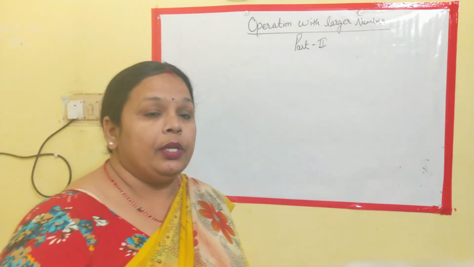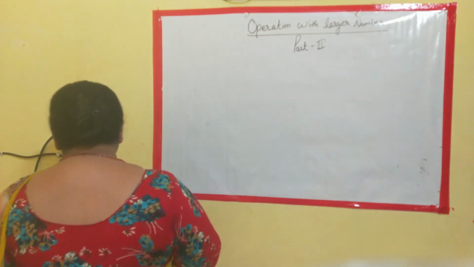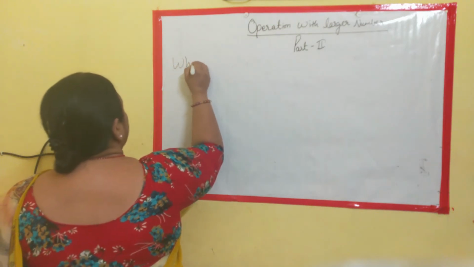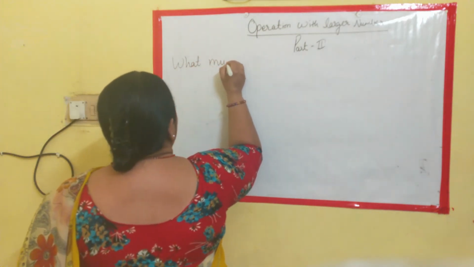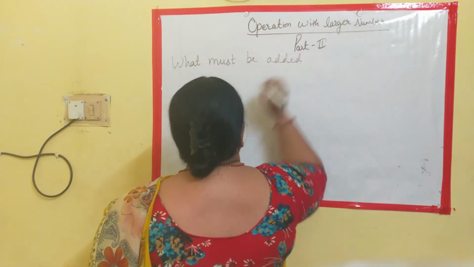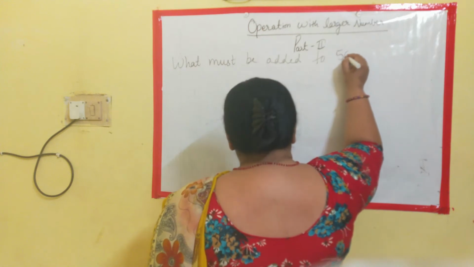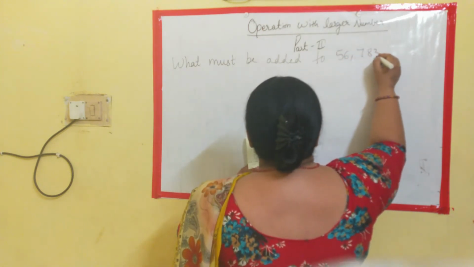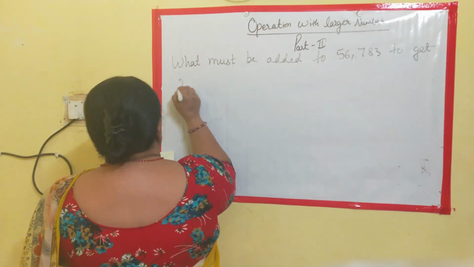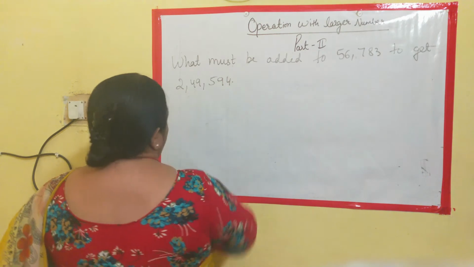Next example is: what must be added to 56,783 to get 2,49,594?